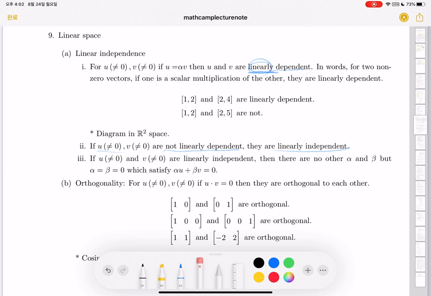Two vectors u and v, both not zero vectors, are linearly independent if they are not linearly dependent.